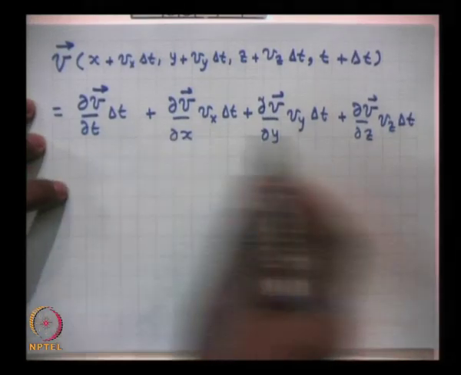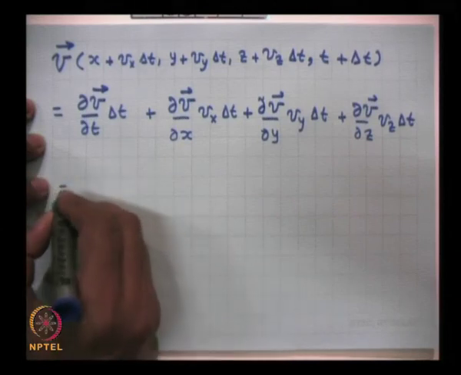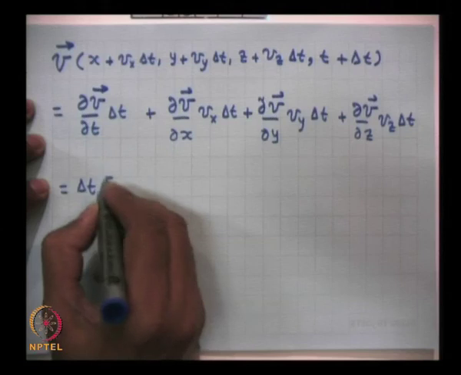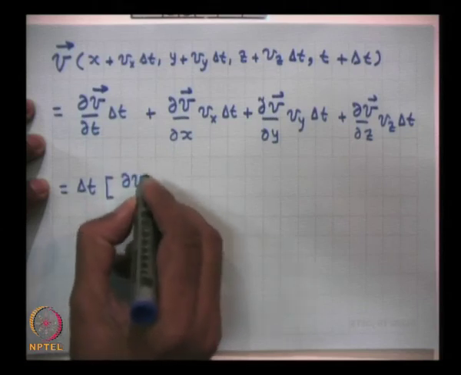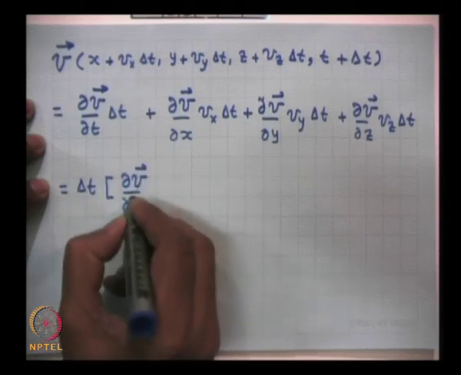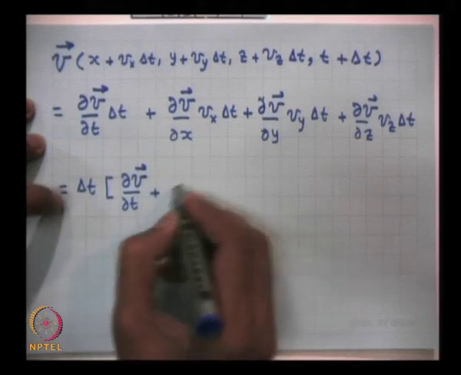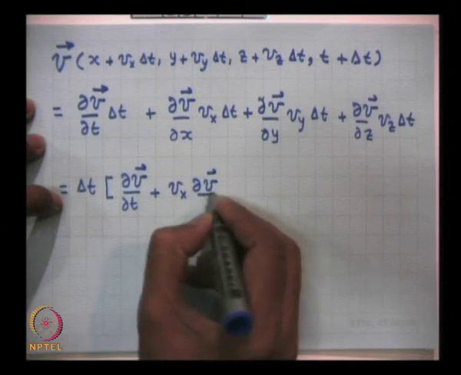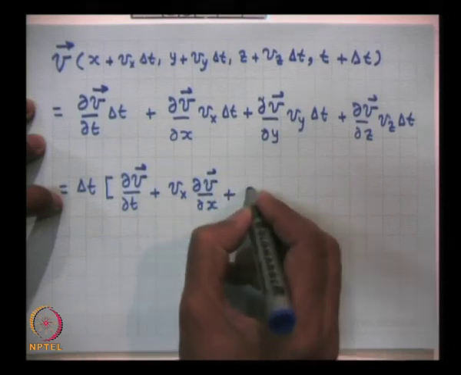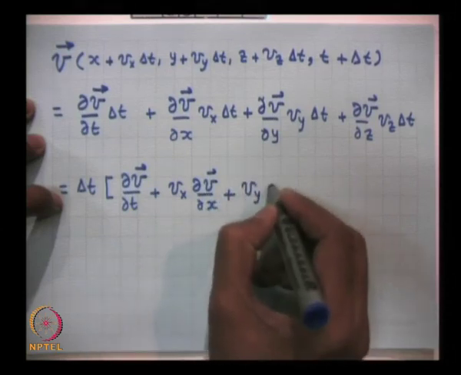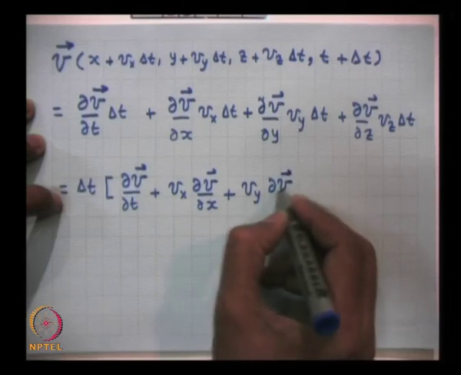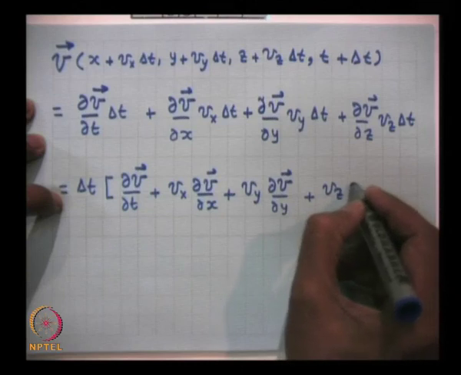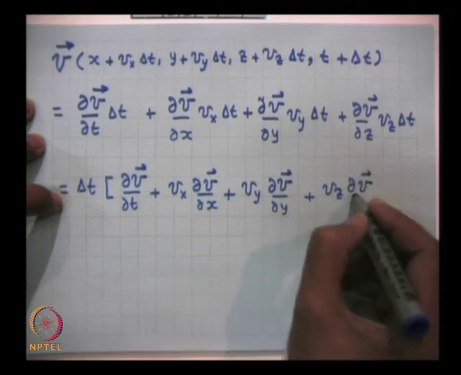Now delta t is common in all of these, so I can take it common and write this as delta V by delta t plus Vx delta V by delta x plus Vy delta V upon delta y plus Vz delta V upon delta z.